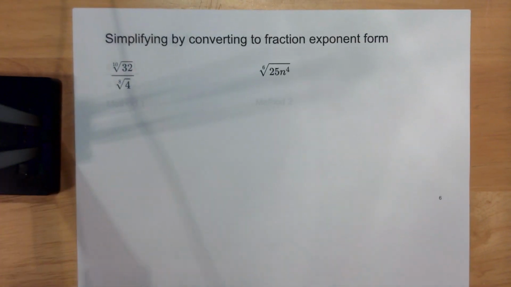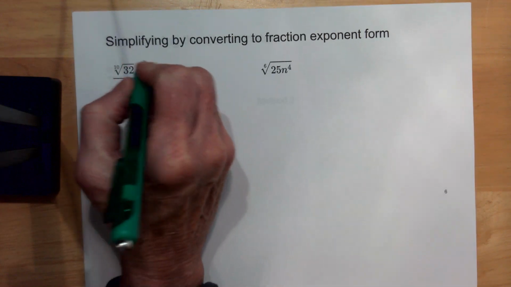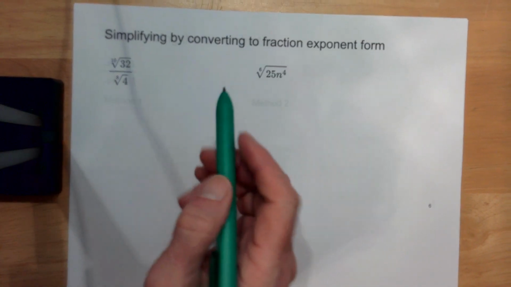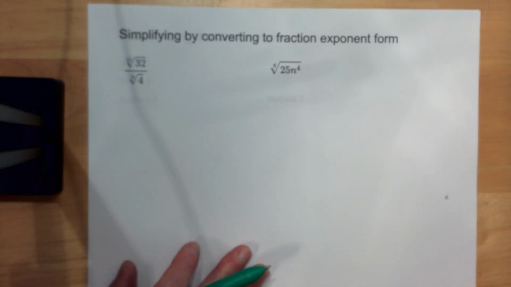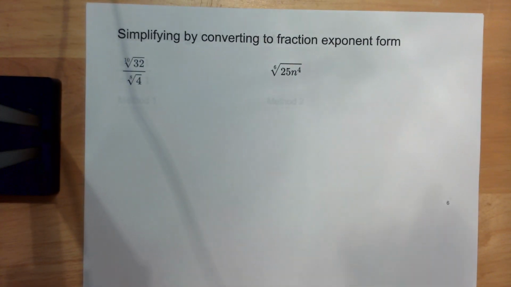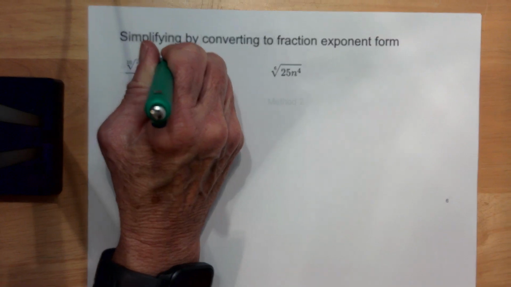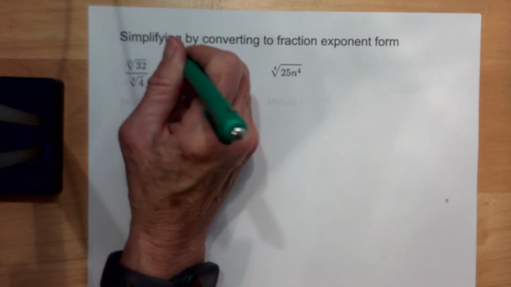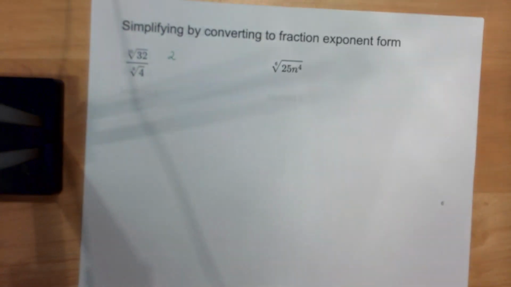You're going to simplify some of these by converting from radical form to exponent form. So at first it looks like I can't do anything with this, because this is a 10 and this is an 8. But if I change it, I can change this to 2 to the, let's see, to the fifth, I think it was to the fifth, right?